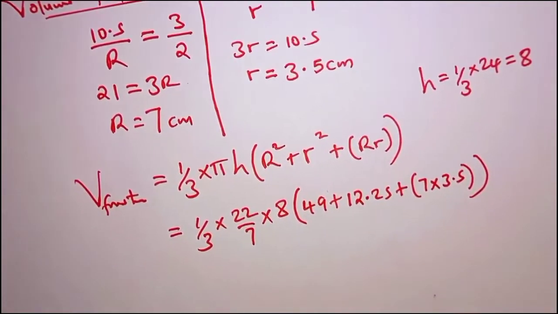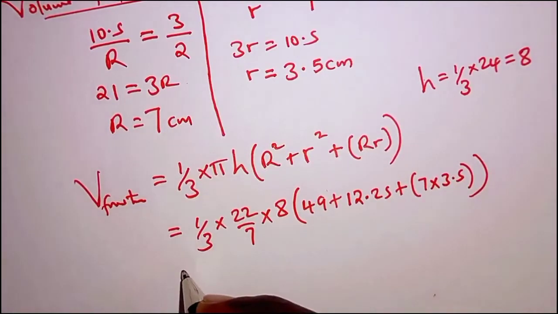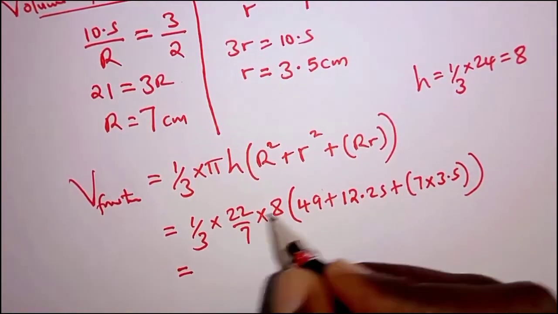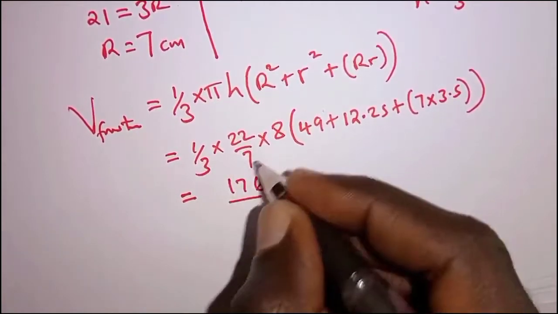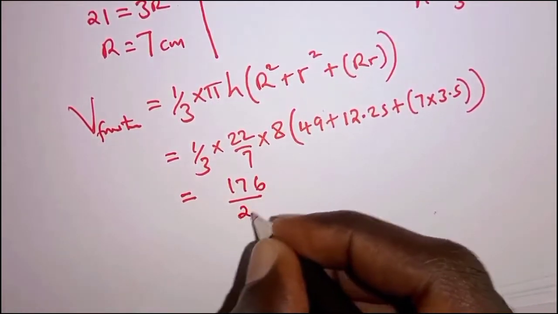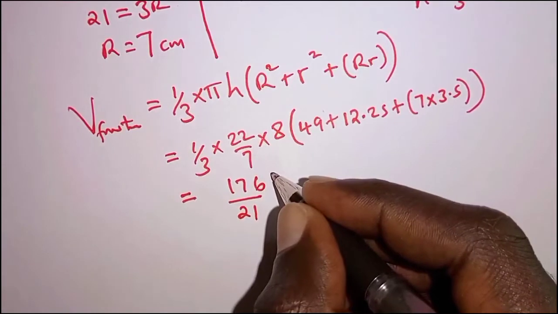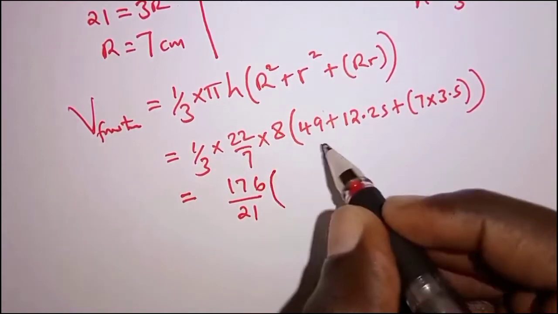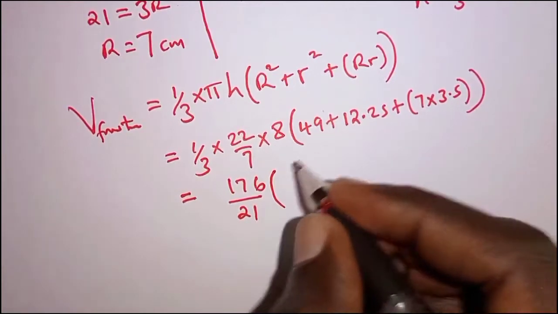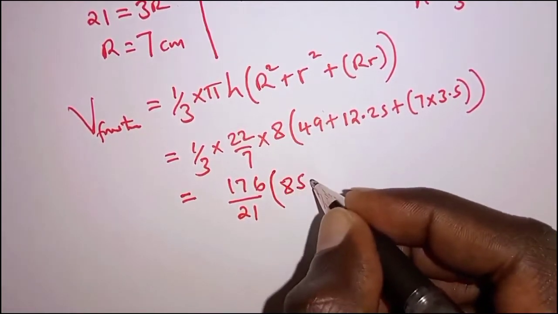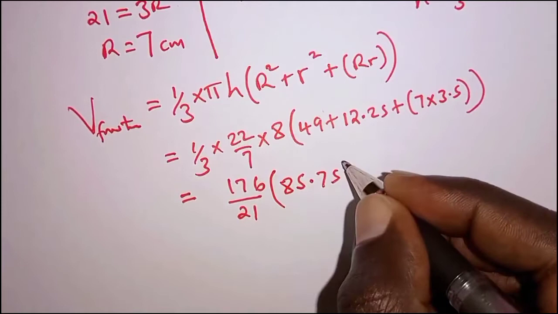So we are going to have 22 times 8, that is 176. On the denominator, 3 times 7 is 21. And then this multiplies by, now when we add all this inside the bracket worked out, we should get 85.75.